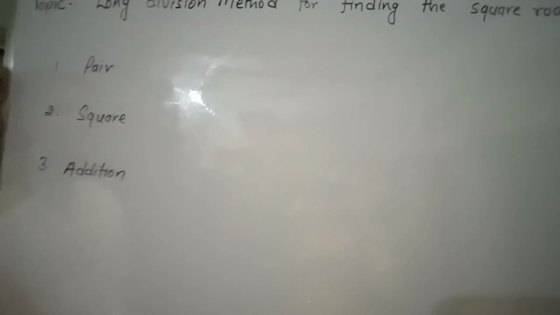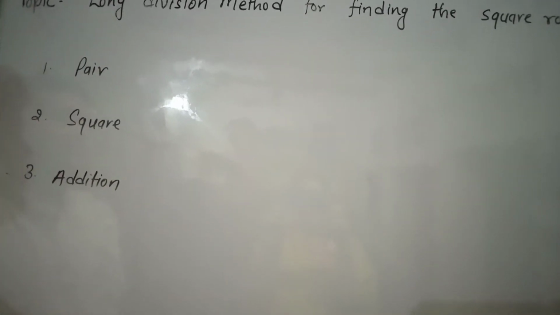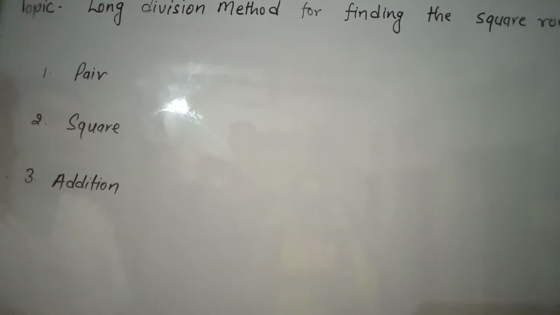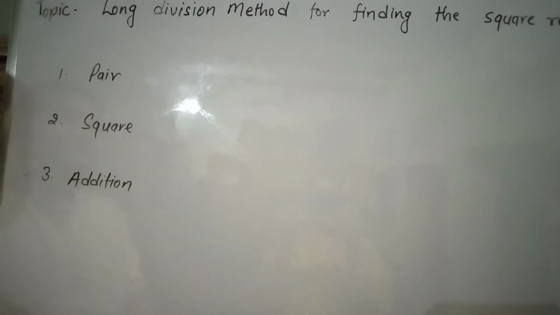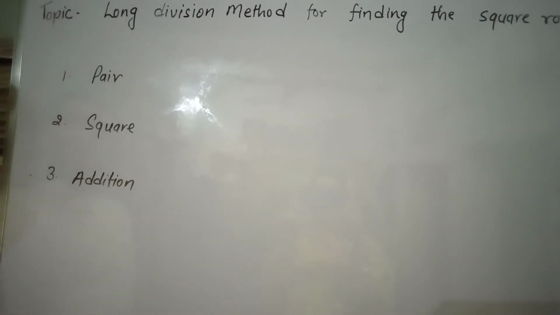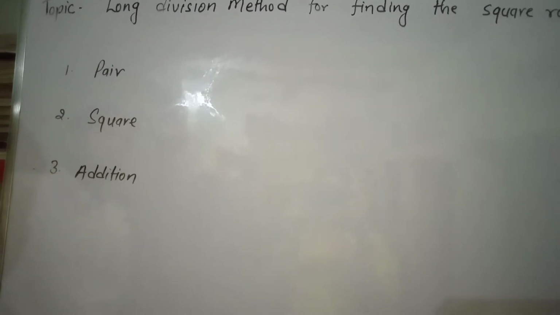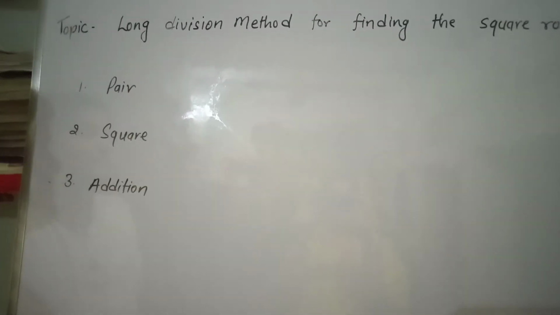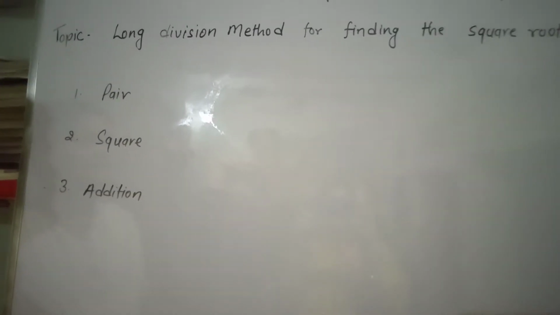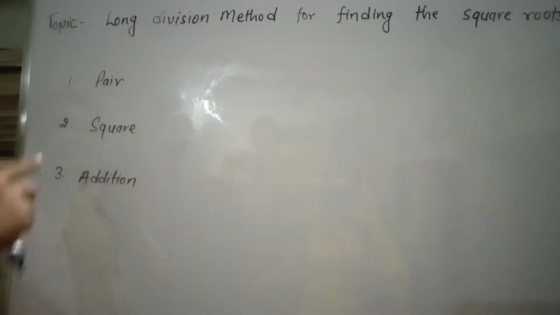First, we will make pairs of the digits of the number from the right hand side. This is necessary for applying the long division method for finding the square root of a number. After that, square.